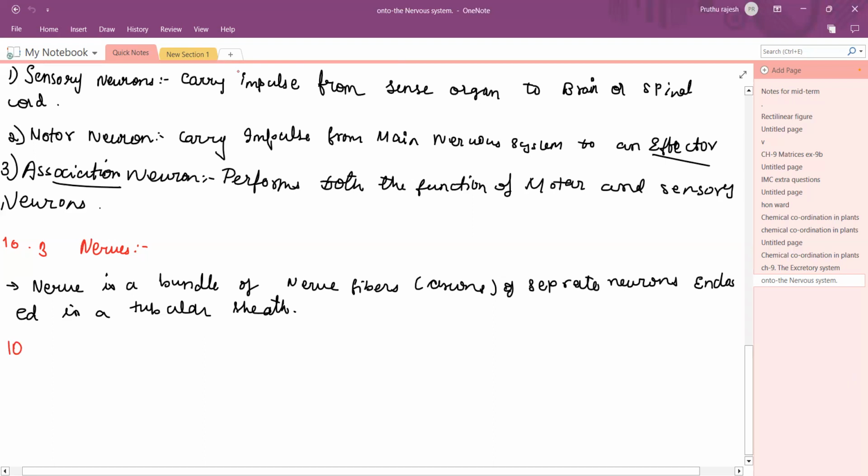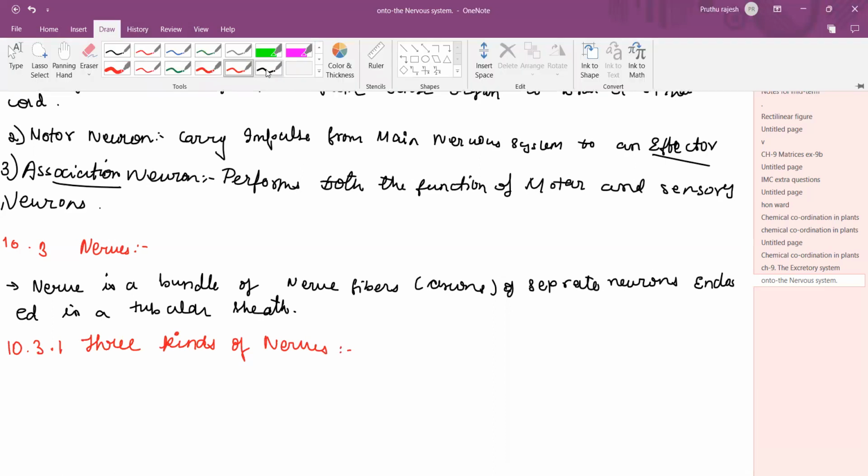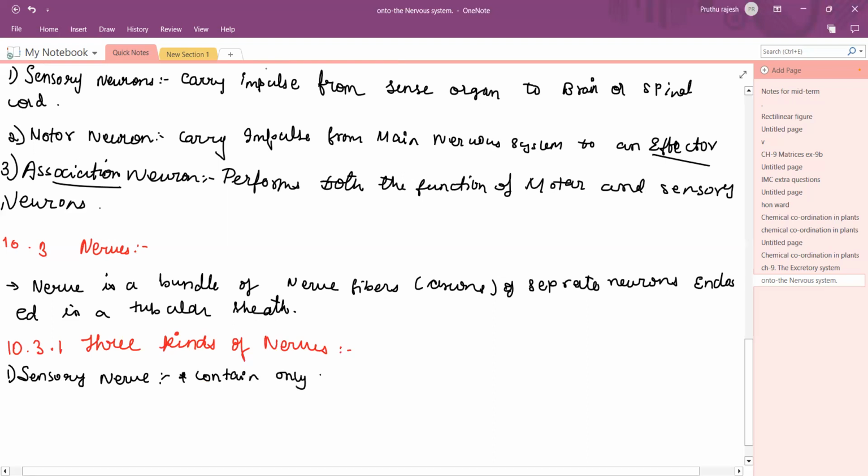Sensory nerves contain only sensory fibers.